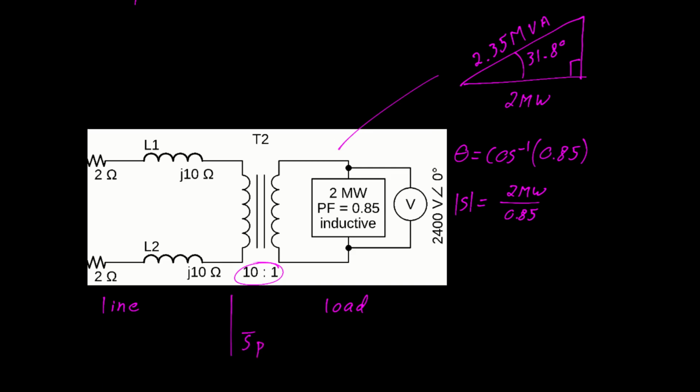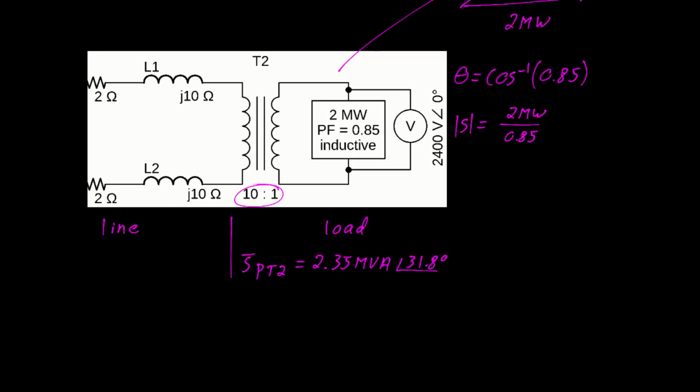Now that we have the power triangle for the load, we can push it to the other side of transformer 2. We would say that the complex power on the primary of T2 is 2.35 MVA at a phase angle of 31.8 degrees. Since this is a step-down transformer and the ratio is 10 to 1, we can say that the voltage on the primary of T2 is 24 kilovolts.